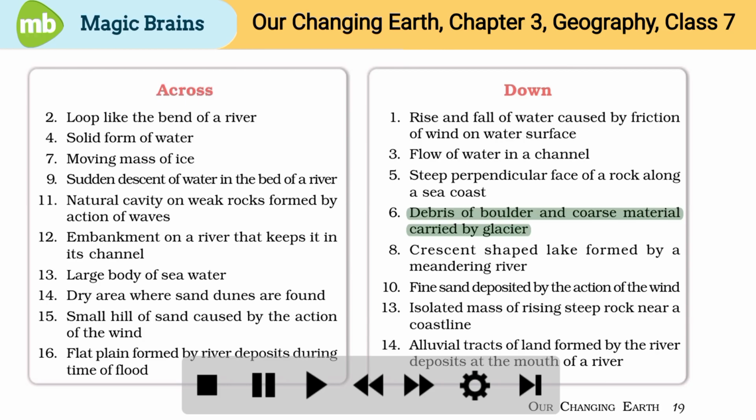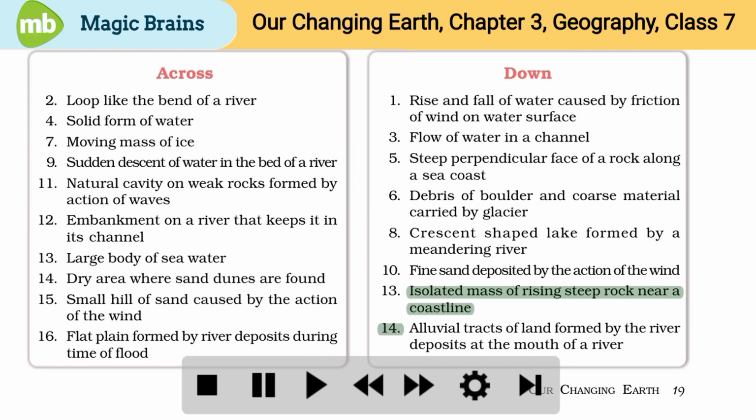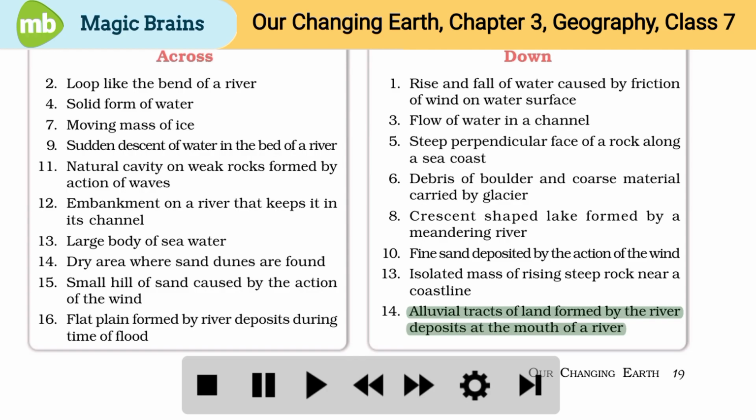Debris of boulder and coarse material carried by glacier. 8. Crescent-shaped lake formed by a meandering river. 10. Fine sand deposited by the action of the wind. 13. Isolated mass of rising steep rock near a coastline. 14. Alluvial tracts of land formed by the river deposits at the mouth of a river.